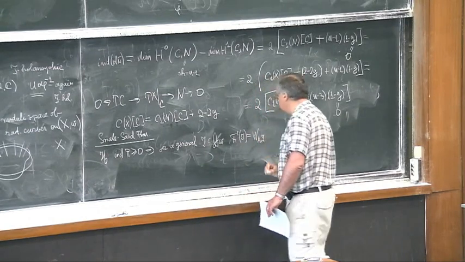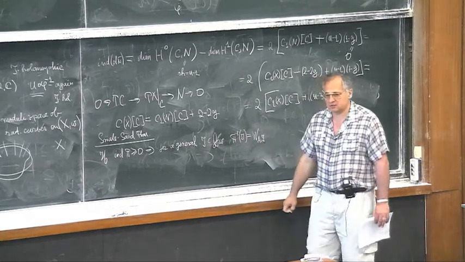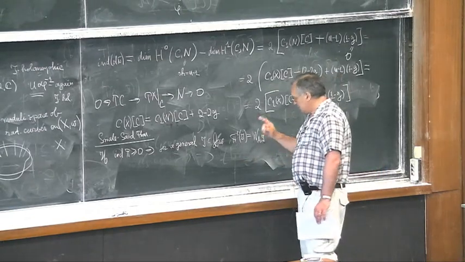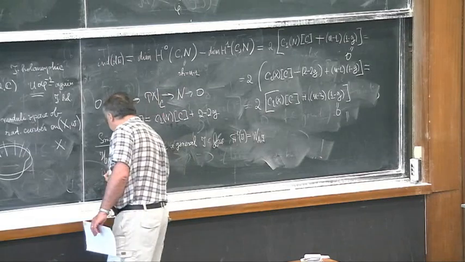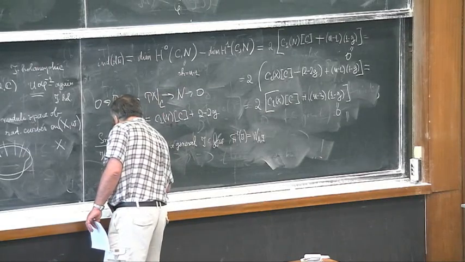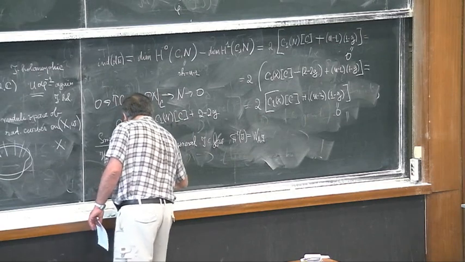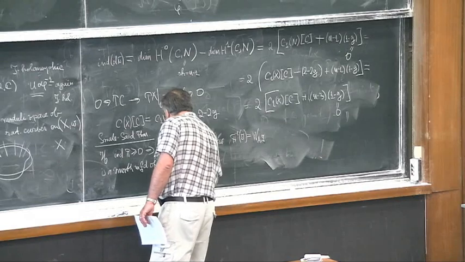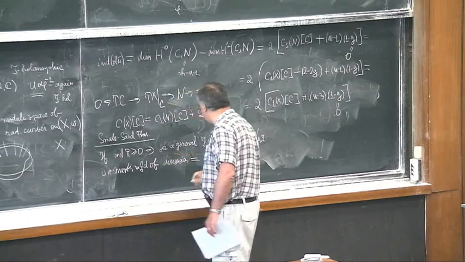This is the space of J complex spheres. So this is a smooth manifold of dimension equal to the index.